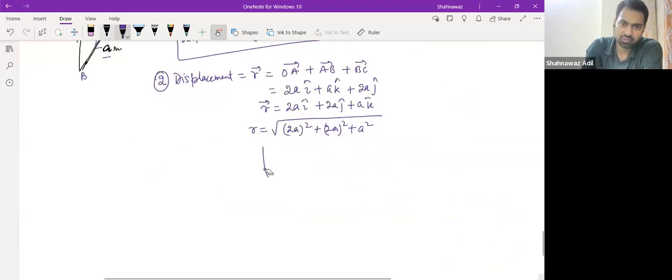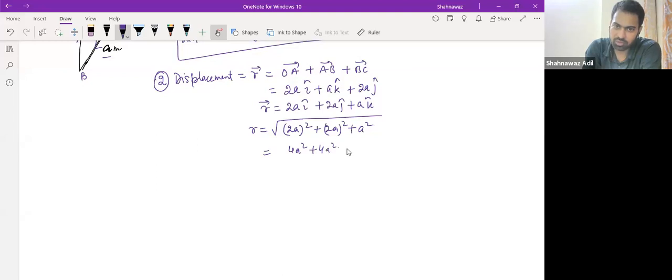So this would be 4A square plus 4A square plus A square, which is 9A square, so 3A. So this is the magnitude of this displacement.